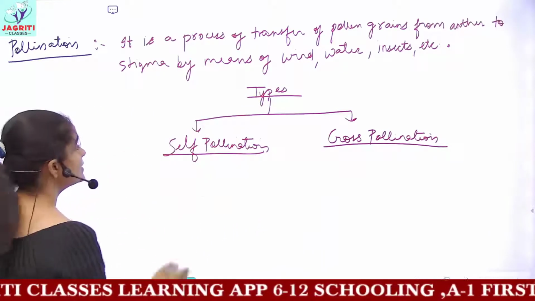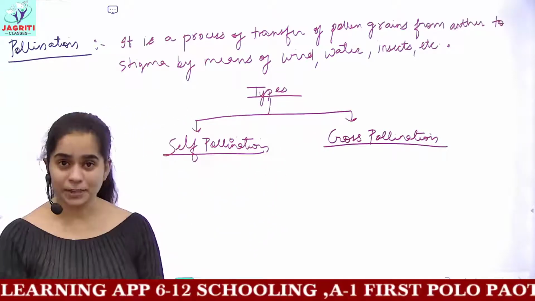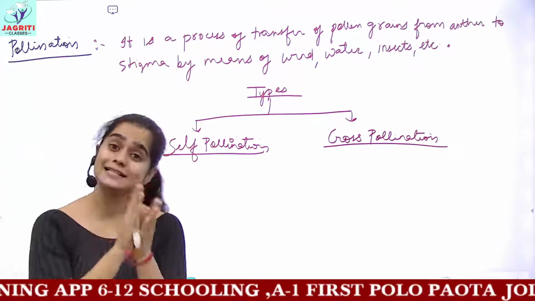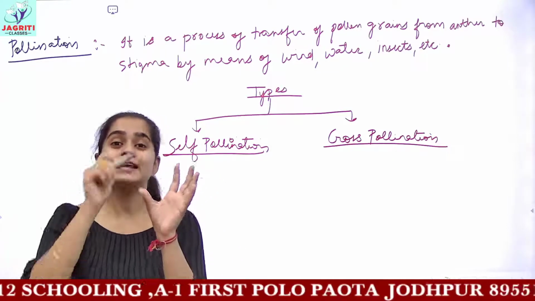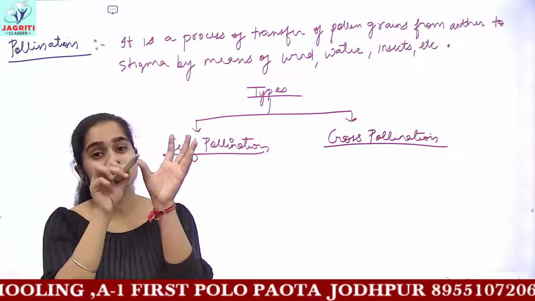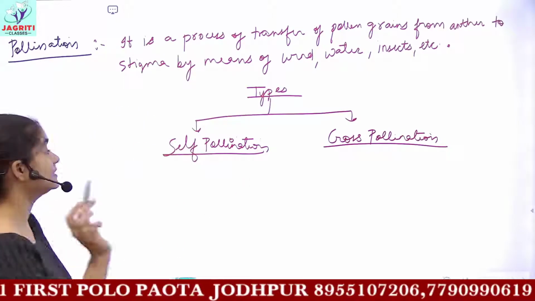Self-pollination means when the anther and the stigma, both these reproductive parts are present on the same flower, on a single flower, and then transfer of pollen grains occurs from the anther to the stigma of the same flower, then you call such pollination to be self-pollination.